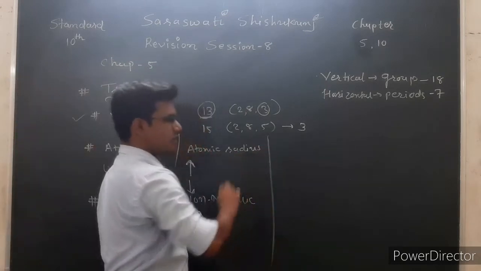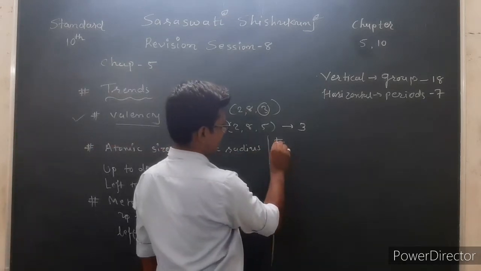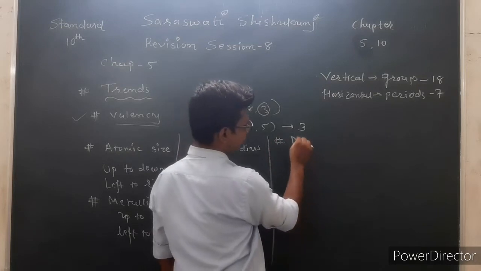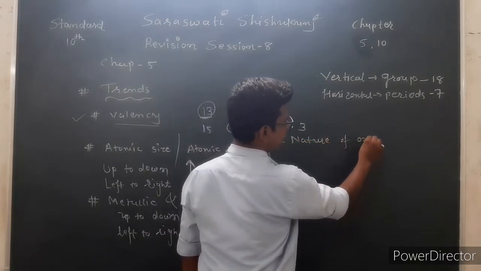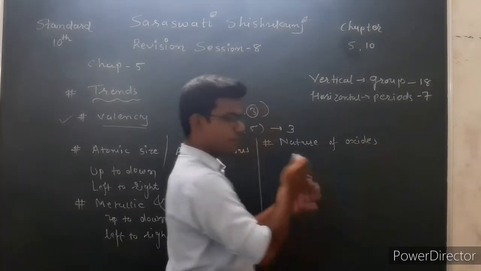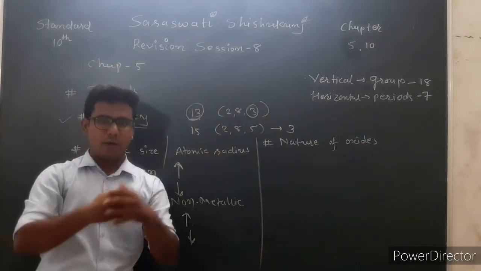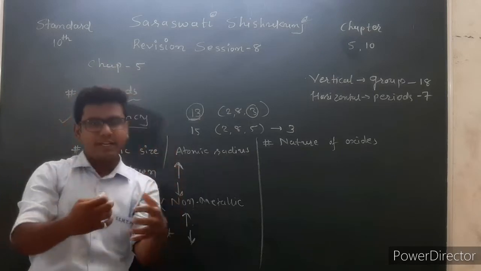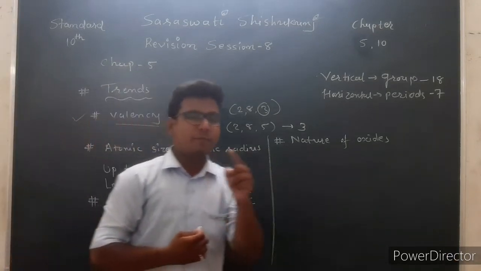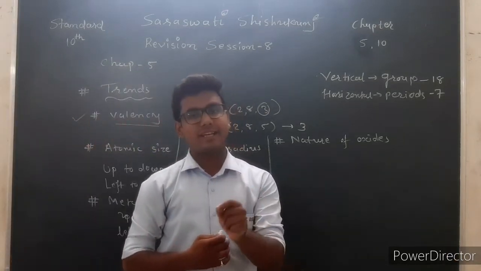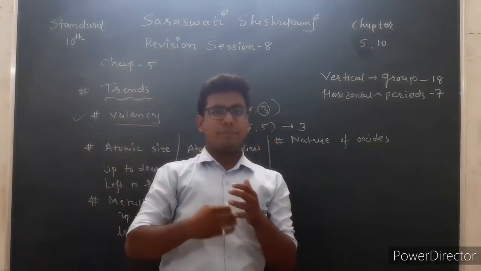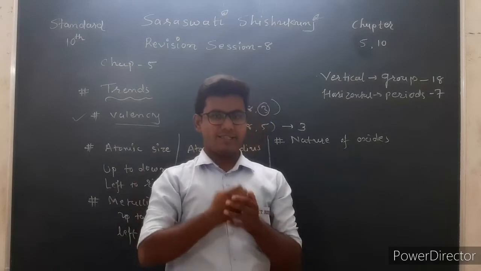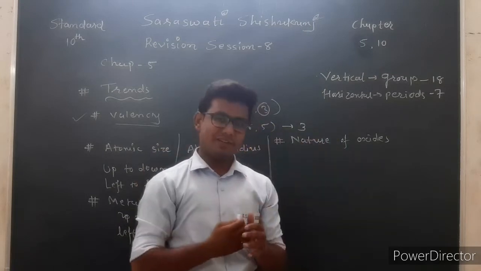Okay. Also we have another concept, and that is nature of oxides. Now it's simple. As we move from up to down and metallic property increases, we know that metallic properties are basic in nature. So when we move from up to down, the basicity will increase, and from left to right, the basicity will decrease.